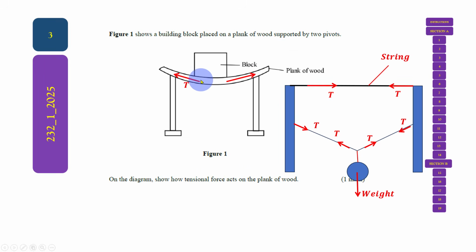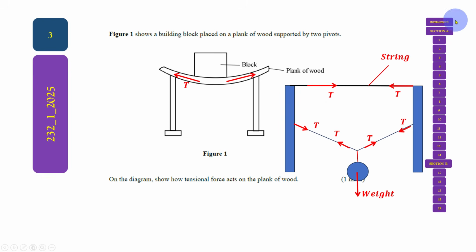So that is how we show tension in an object which has been stretched. Tension in an object which has been stretched is shown by two arrows pointing away from each other. This object here has been stretched. These two arrows pointing away from each other. And that is how you get the answer to question 3.